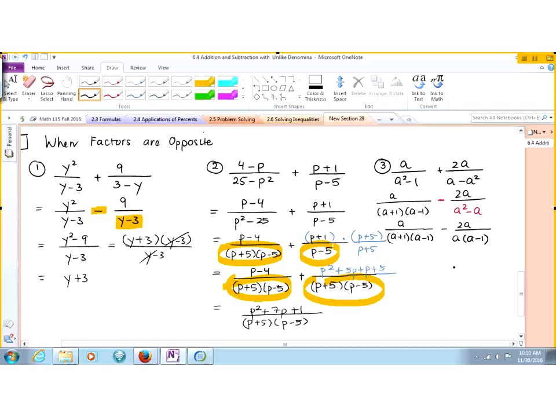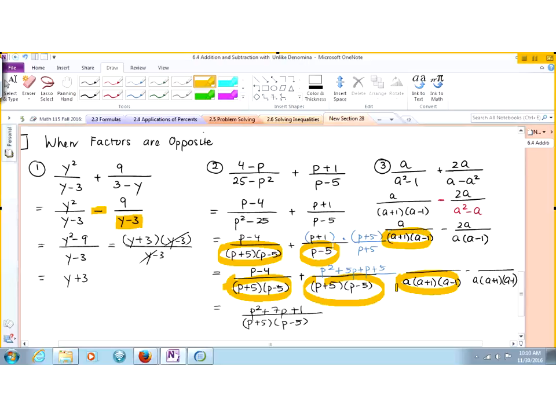Good. Now, what is the LCD? A times a plus 1 times a minus 1. There, that's right. A times a plus 1 times a minus 1. All right. Now, so we compare now. So compare this and this.